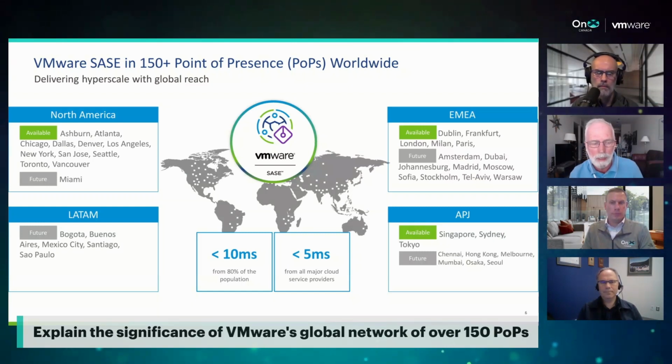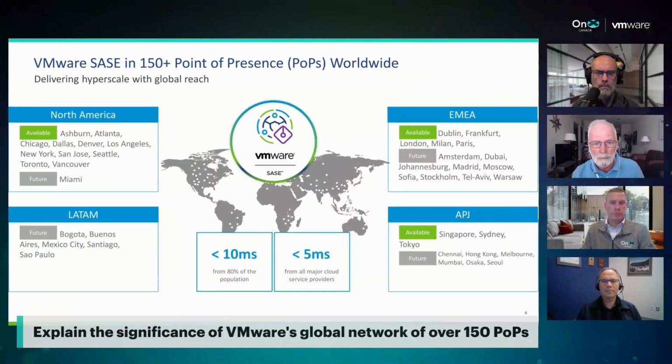So users connect to the closest POP to get the best service, but also for data integrity. So their data doesn't leave their POP, which is in their geographic region, which is quite important for countries that have laws around integrity of your data and the location of the data.